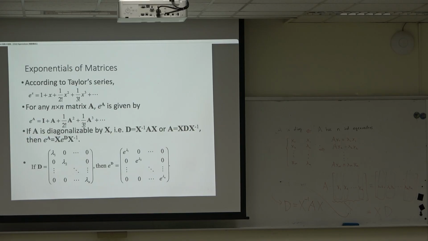So if A is diagonalizable, then we can write A to be X D X inverse, okay, and then e to the A will be X times e to the power of D times X inverse, okay. This one, e to the power of D, is going to be this one.